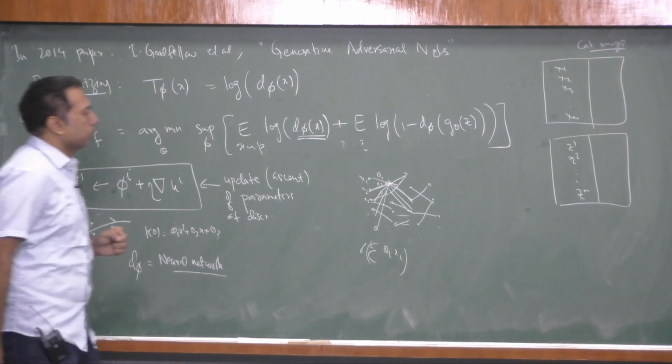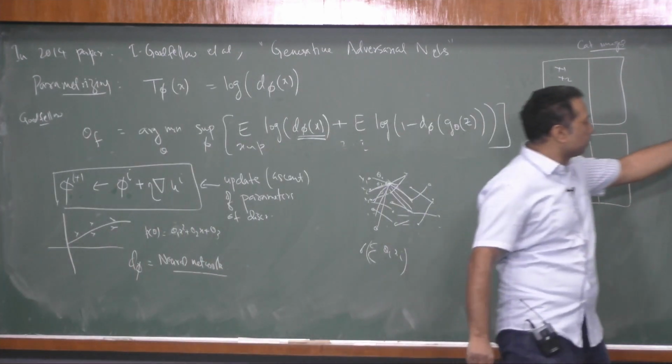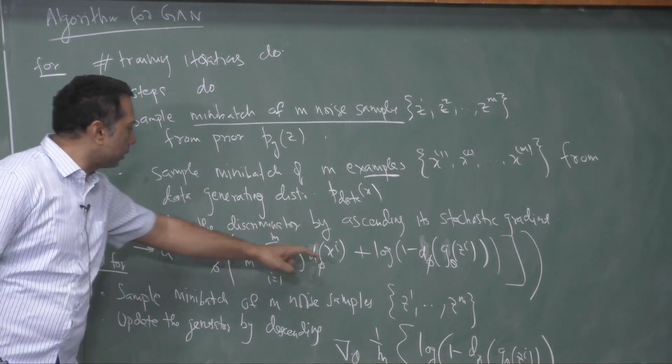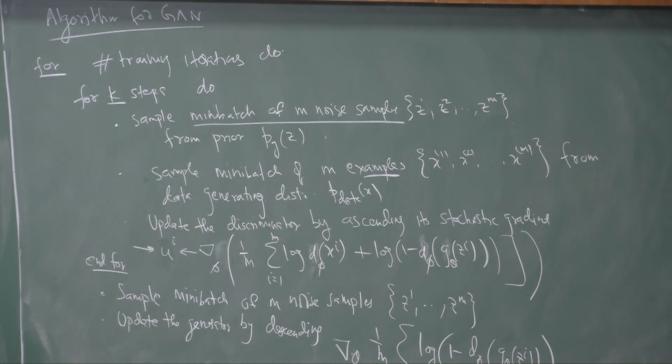Now in the next step, after you have done k steps, you train the generator, and you sample m noise samples. For the discriminator, you needed both noise samples and the actual samples.